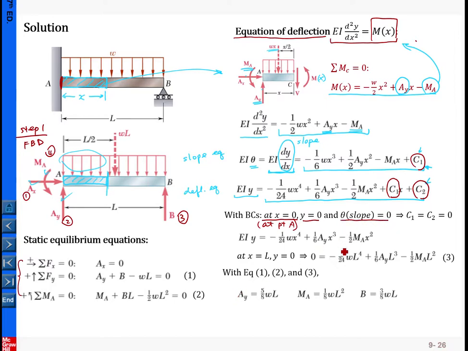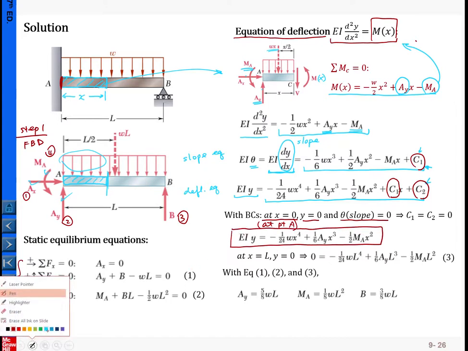So using the two equations, you can solve for C1 and C2. Then in this case, you have the deflection equations like this. And again, at this moment, AY and MA are still the symbols that have been propagated from the very beginning of this solving process.